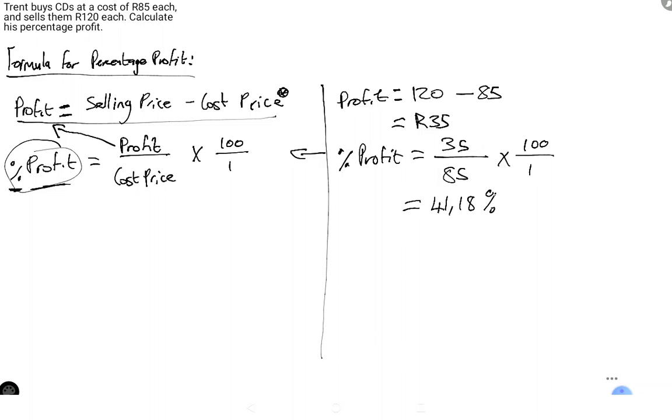That's the percentage profit that we had to calculate, and that is our answer. If it doesn't make sense, listen to the video again, do it slowly, calculate it, write it down, and it will register to your brain. Enjoy.